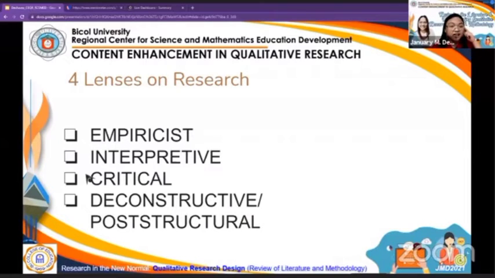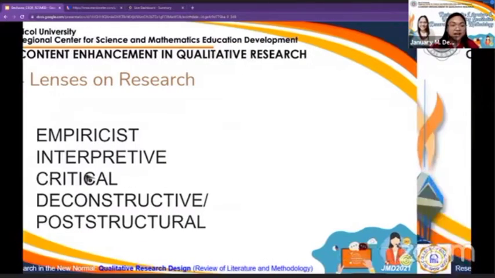On the other hand, if you are using the interpretive lens on your design or on your qualitative research, it will be more on historical, literary, and existential studies. So most of the time, subjective understanding, and this is what we are using. Critical is, of course, more on judgments and power struggle. Deconstructive and post-structural is more on psychoanalytic, sociological understanding of things.